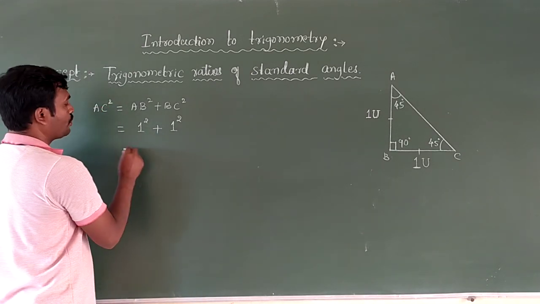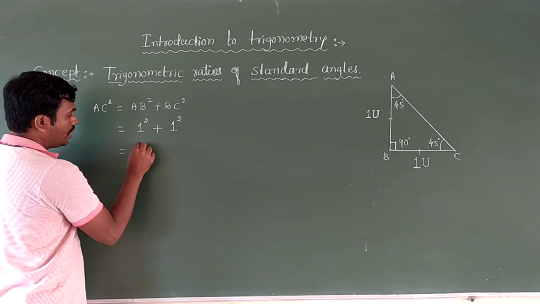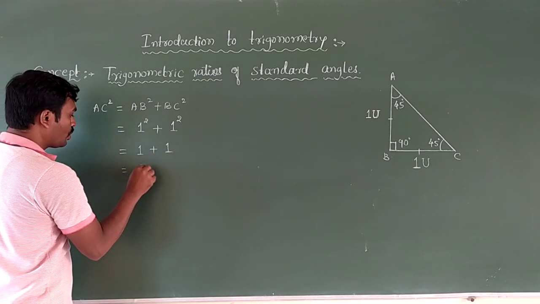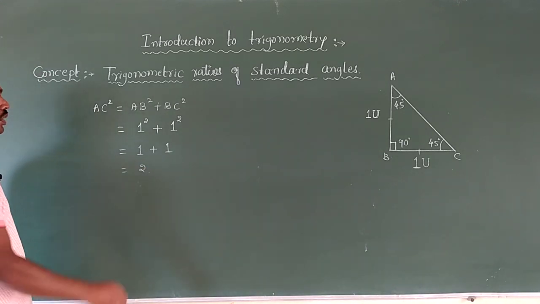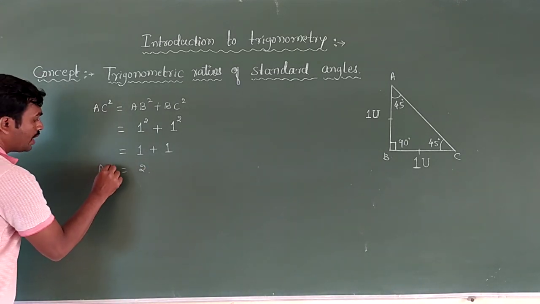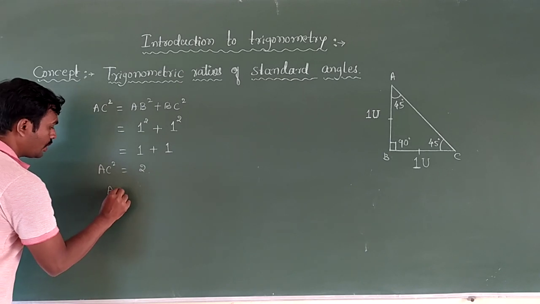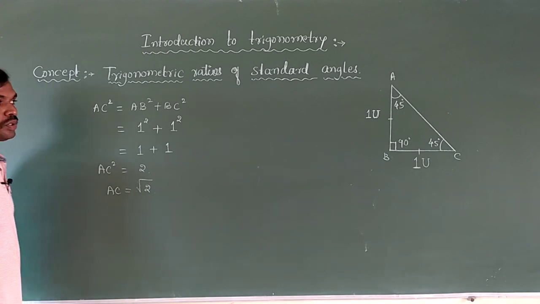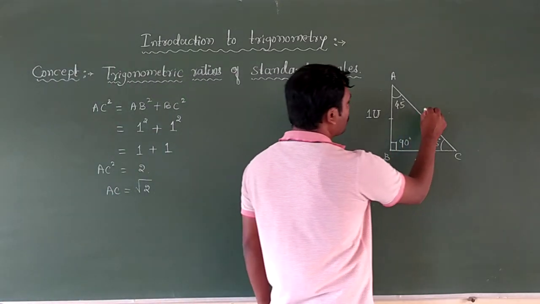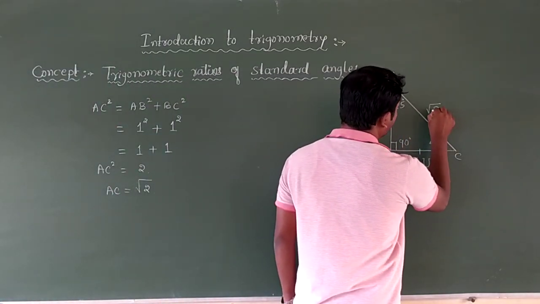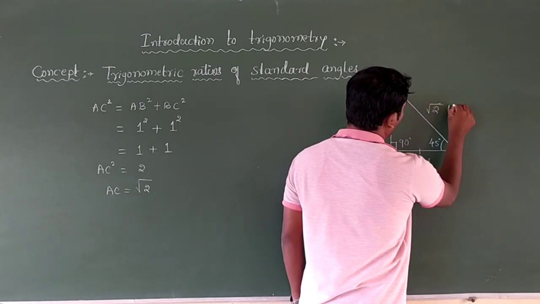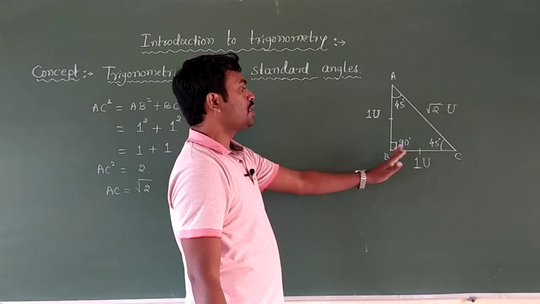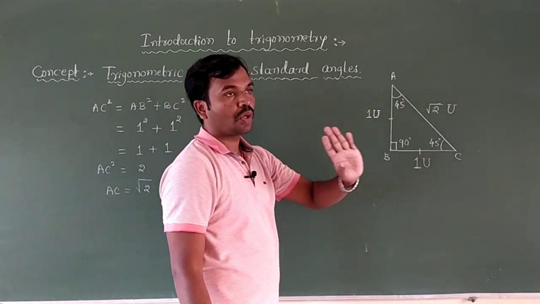So, 1 square plus 1 square is equal to 1 plus 1, which is equal to 2. So, AC square is equal to 2, and AC is equal to root 2. The hypotenuse is root 2 units. If AB is 1 unit and BC is 1 unit, then the hypotenuse becomes root 2 units.